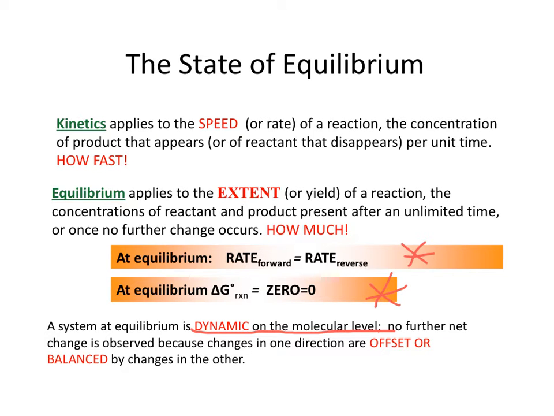It simply means that for every A that goes to B, a B goes back to A. So there's no net change in the observed concentrations. That's the idea behind a dynamic equilibrium.